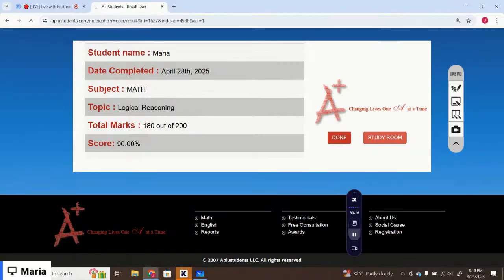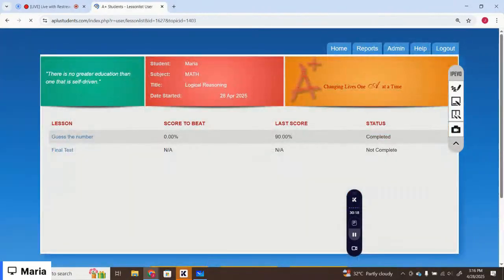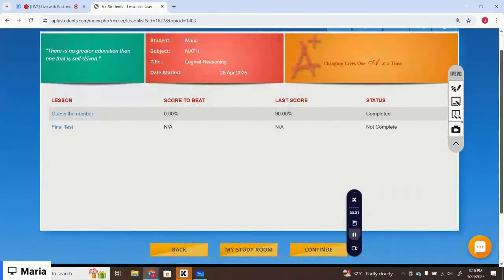Okay, we are going to start with the chapter multiplication. Let's just start with the next lesson.